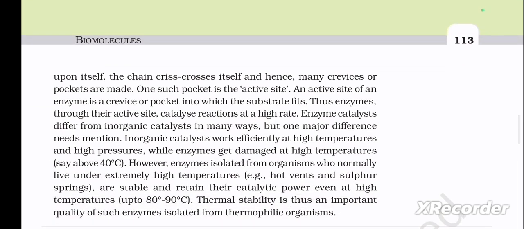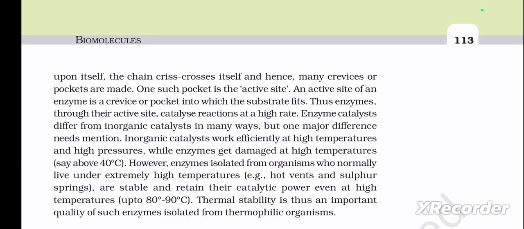The chain crisscrosses itself and hence many crevices or pockets are made. One such pocket is the active site. An active site of an enzyme is a crevice or pocket into which the substrate fits. Thus, enzymes through their active site catalyze reactions at a high rate.